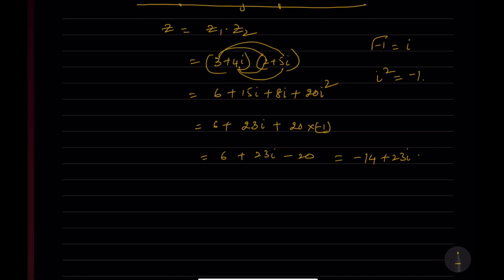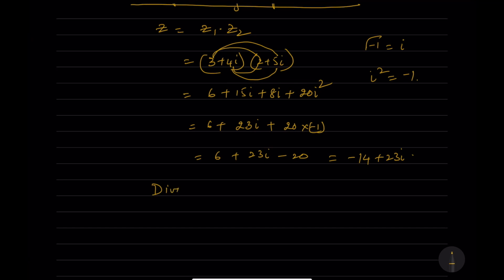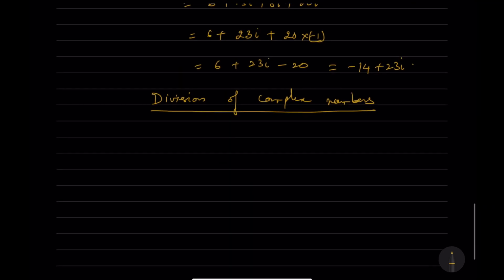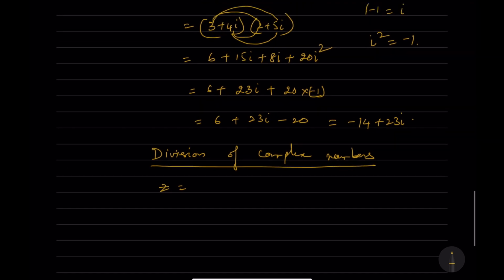Next, what is division of complex numbers? We'll see. Division of complex numbers. How do we solve this division of complex numbers? Same way we'll take here z is equal to z1 by z2.